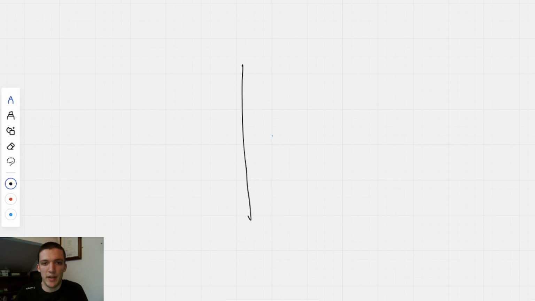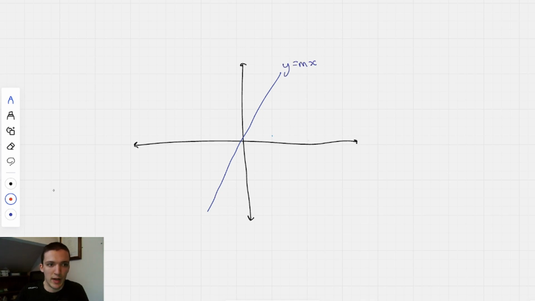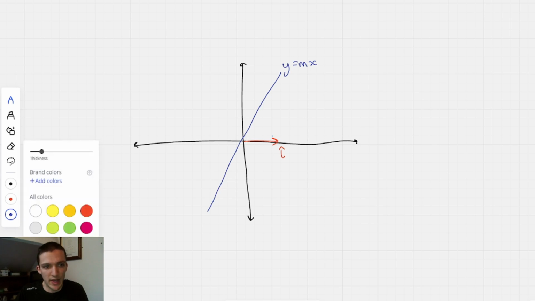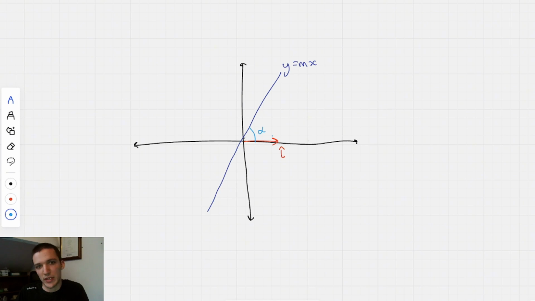Okay, so what's going to happen here is we're going to have to figure out where i hat goes to when reflected in the line y equals mx for some arbitrary m. So here's y equals mx, and here is the unit vector i hat. Now i hat, let's say, is alpha angle away from this line.